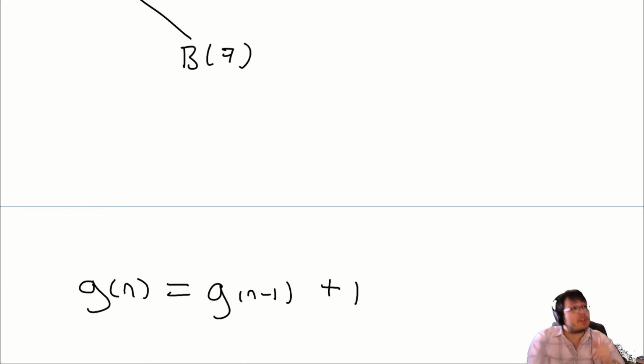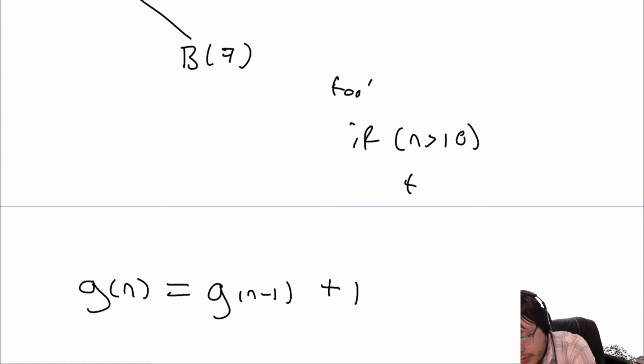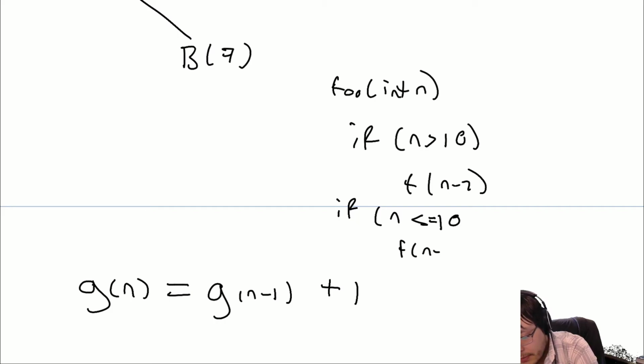But you could also have a situation like this: foo, int n. If n is greater than 10, do foo of n minus 2. If n is less than or equal to 10, then do foo of n minus 1.